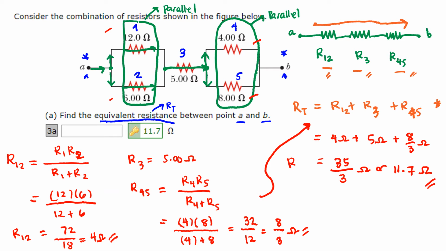So again, RT, the total or equivalent resistance, is 11.7 ohms, but 35 over 3 would also be acceptable.